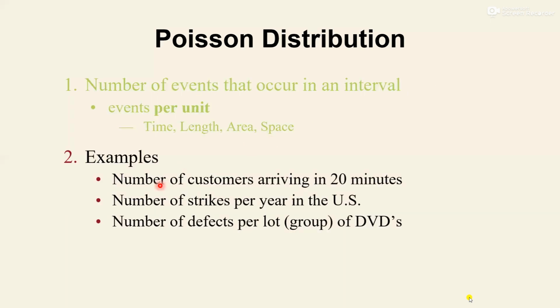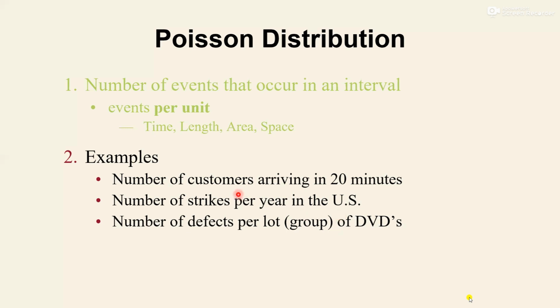Example, number of customers arriving in 20 minutes. So here our time length is interval time we are considering. In a 20 minutes time, we are observing how many customers arriving. Number of strikes per year in the US. So here our interval, here space, area, time and area here denote per year in the US.